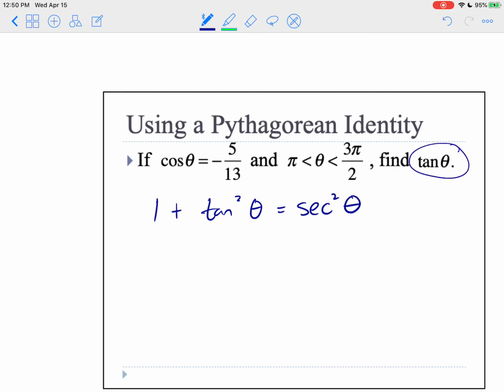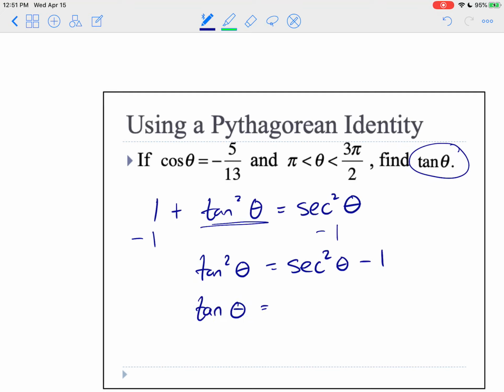Now I want to know the value of tangent. So I'm going to solve this equation for tangent. I want to get tan squared by itself first, so I'm going to subtract 1 from both sides. That's going to give me tan squared theta equals secant squared theta minus 1.